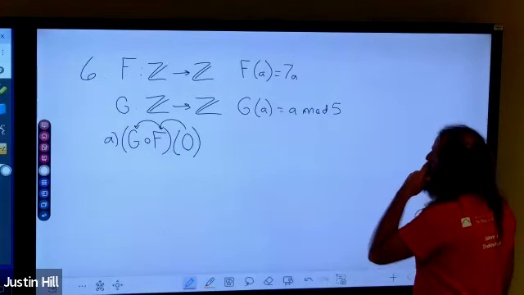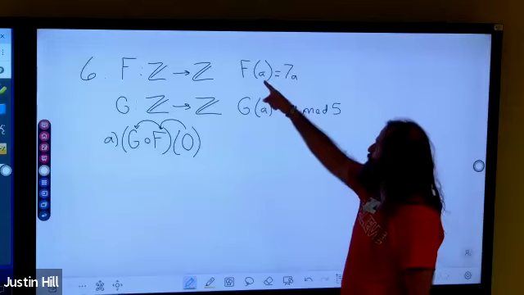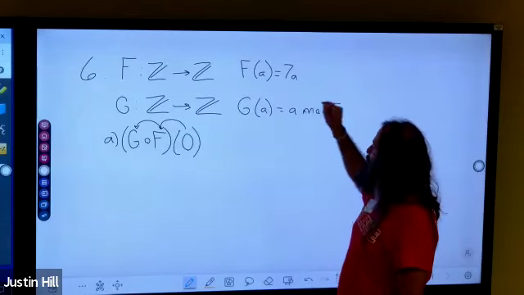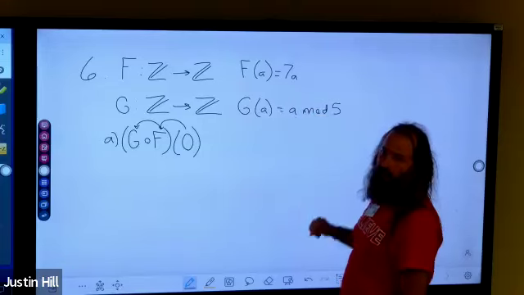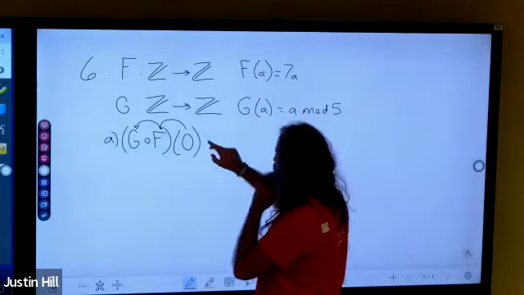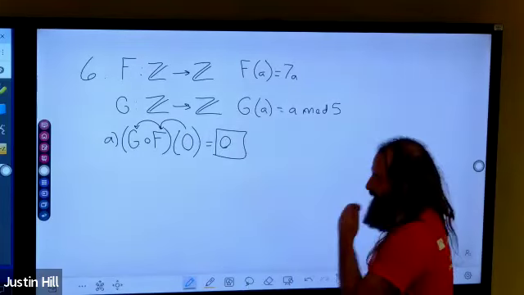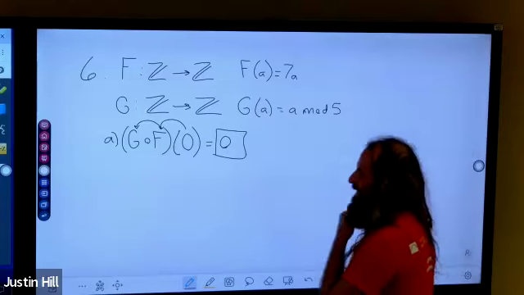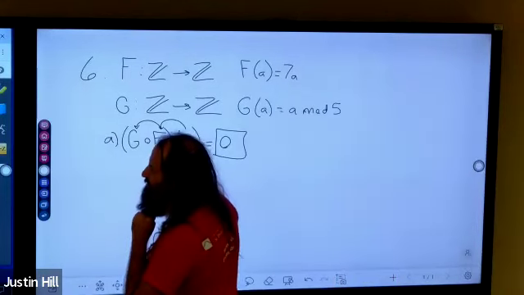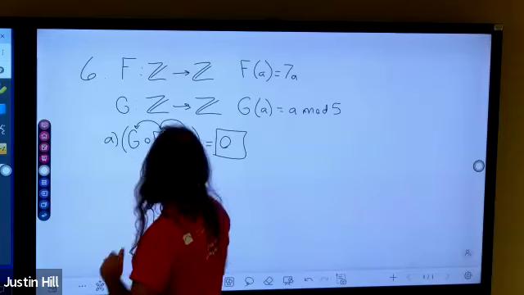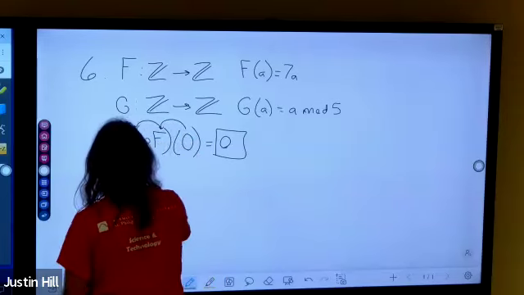So 7 times 0 gives you 0. And then if you plug 0 into g, 0 mod 5 is equal to 0. So g compose f of 0 is 0. I guess they're just doing a bunch of g compose fs here. I wonder why they focused on that, but that's fine.